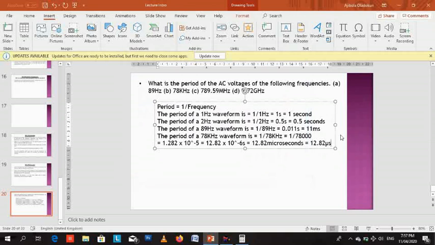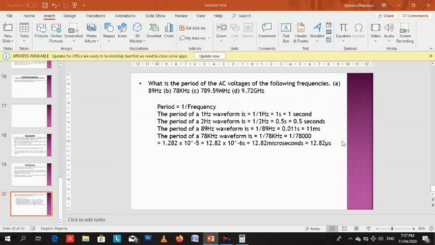So 12.82 microseconds. That is how long it takes for one complete cycle to be formed for a 78 kilohertz AC waveform.